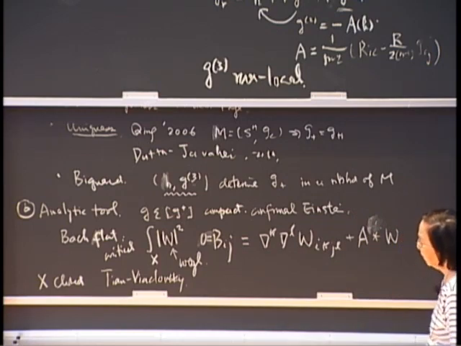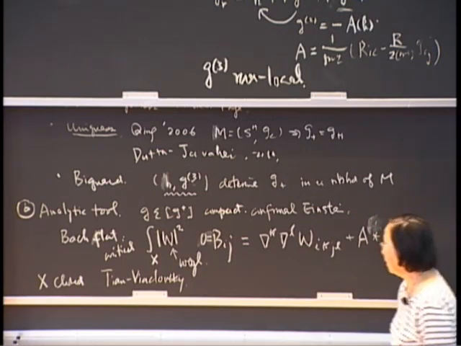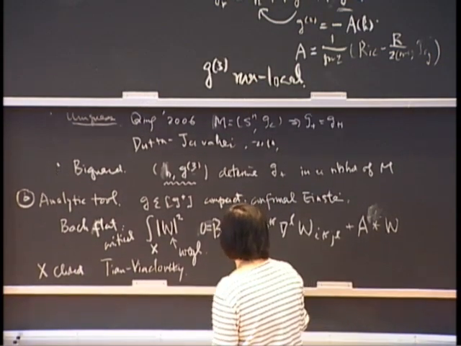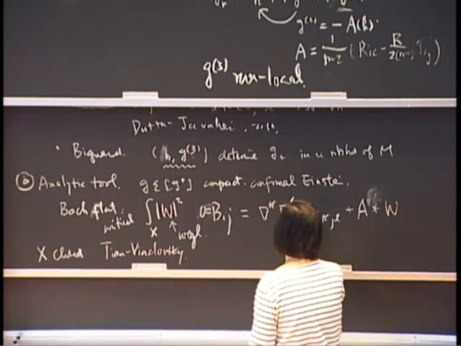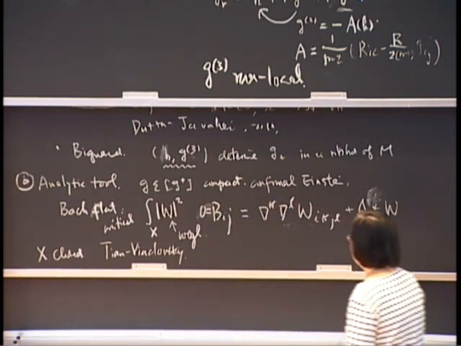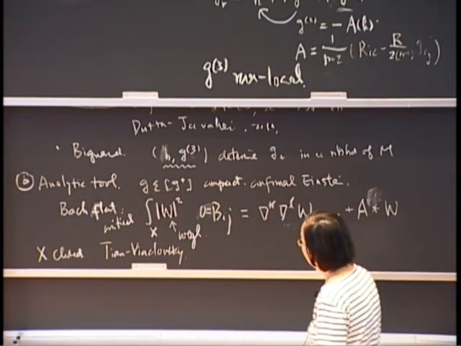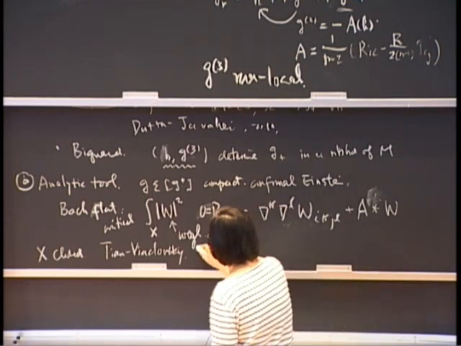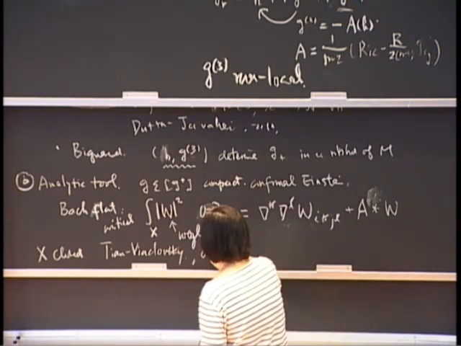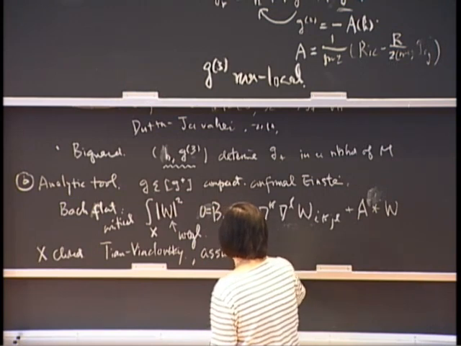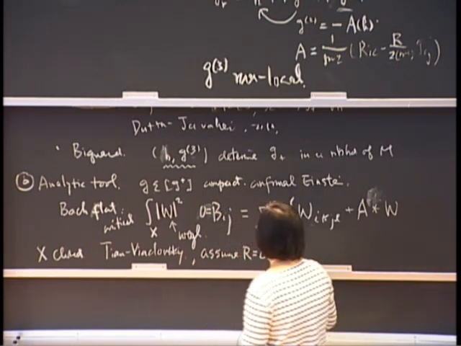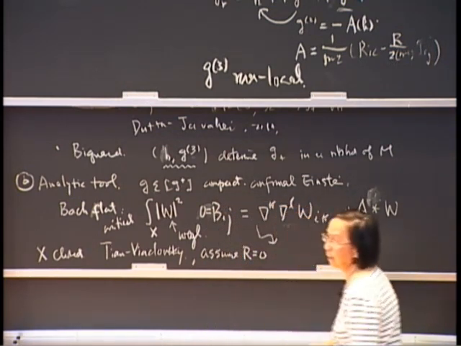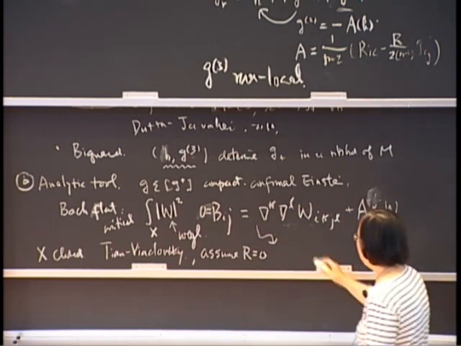One of the key observations they have is using the relation between the curvatures, the derivative of the curvature, this Bach tensor, and assuming the scalar curvature is constant, this equation can be rewritten into an elliptic PDE.